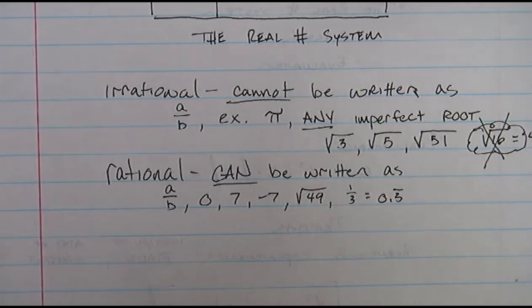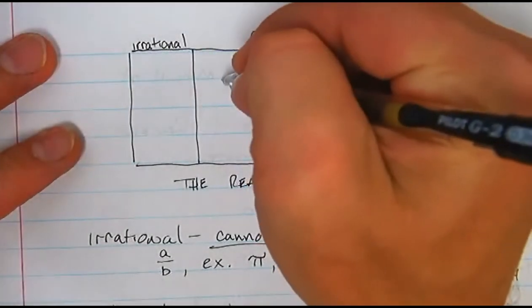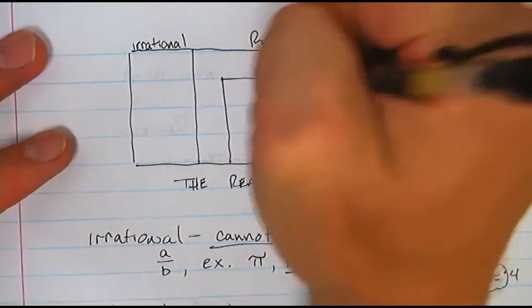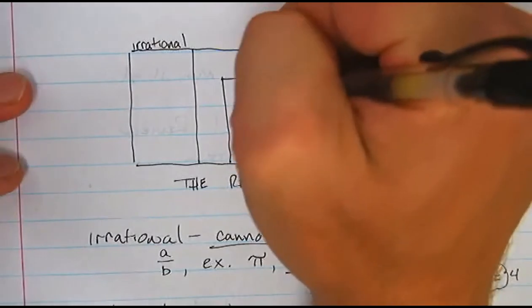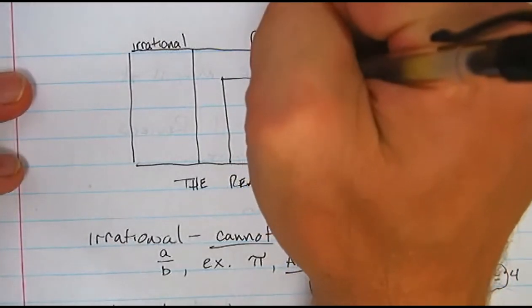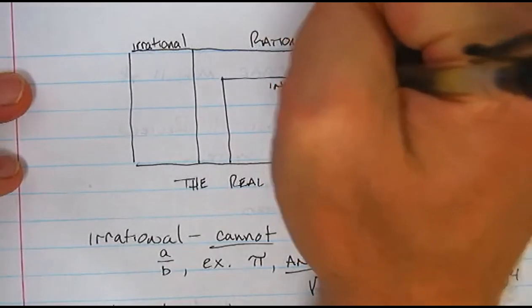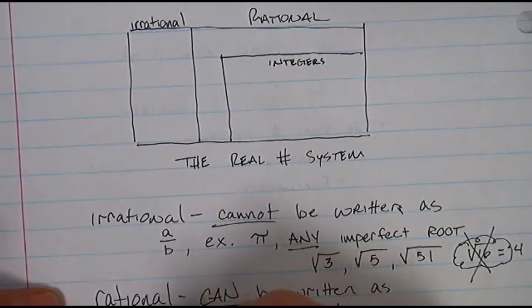All right. Now, within the rational system, there are subcategories, right? So you have the rational number system, and things would fit inside of that. And that is going to be integers. So inside of rational, you have what are known as integers.